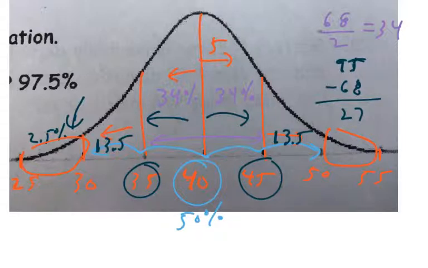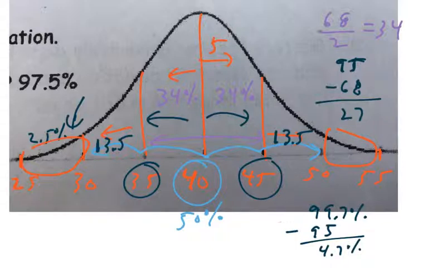So to figure that out, we know that 3 intervals on each side is 99.7%, right? So let's go ahead and again divide that by 2. And actually, let me do the same thing I did in the previous video. Let's take 99.7% and subtract 95%, so that leaves 4.7% total on each of the two intervals.